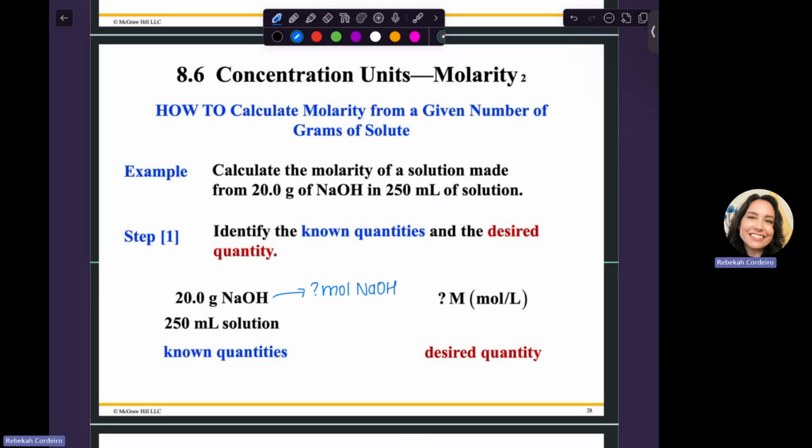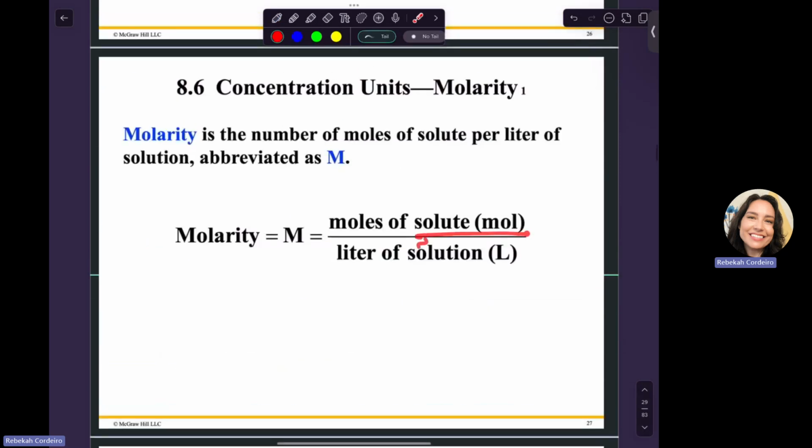And then they give me 250 milliliters of solution. With that, I need to find the liters of the solution, because the molarity is the moles of the sodium hydroxide over the liters of the whole solution.